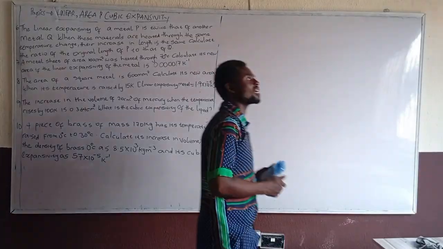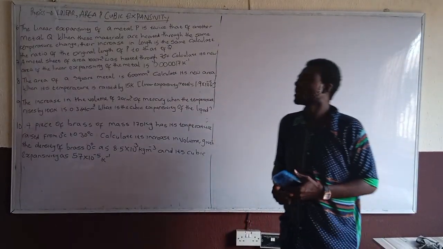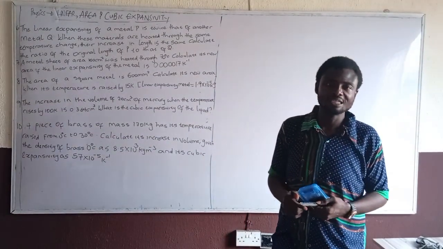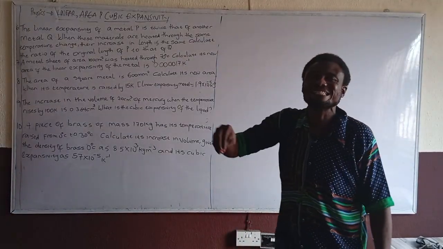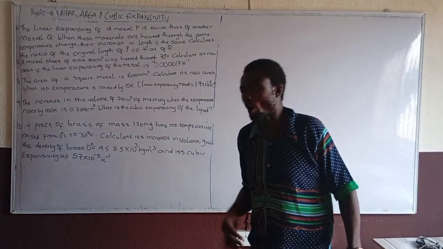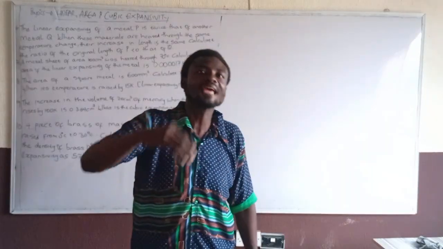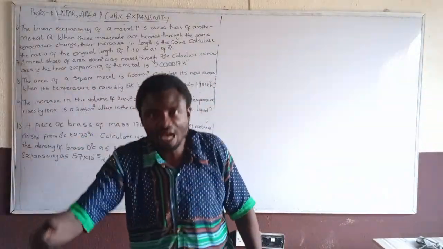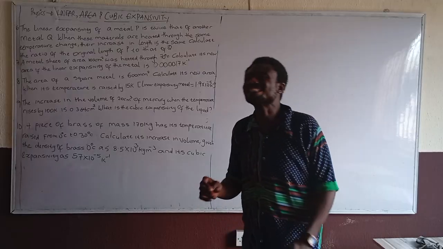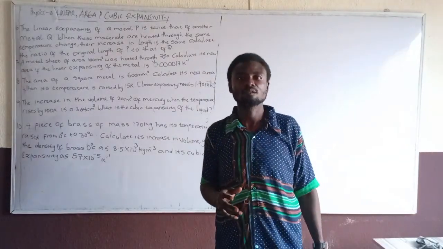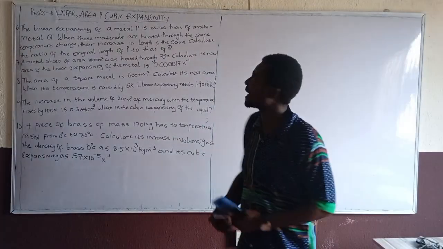For area expansivity, we say area expansivity is the increase in area per unit area per degree rise in temperature. Or you can say it is the change in area per unit area per degree rise in temperature. And it is represented with beta, also measured in per Kelvin.